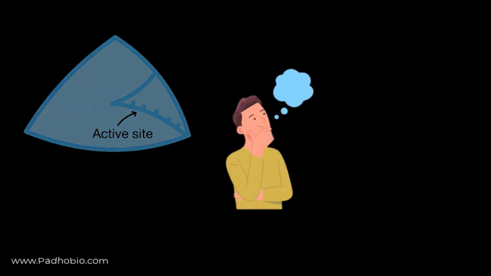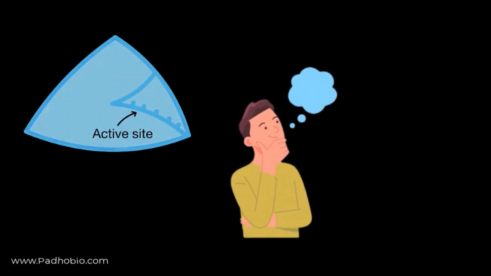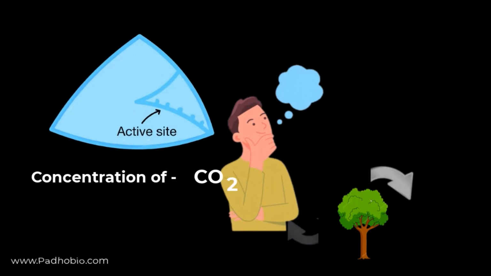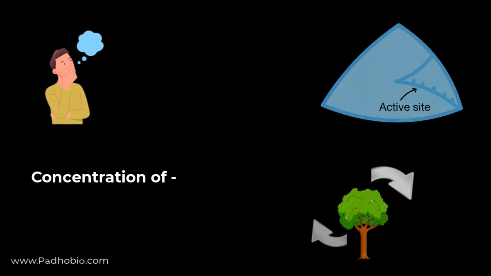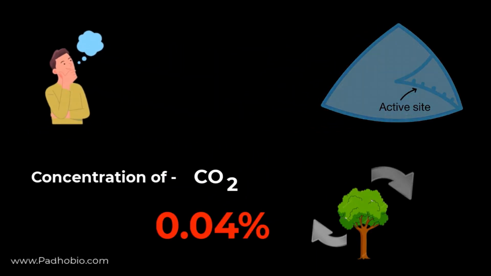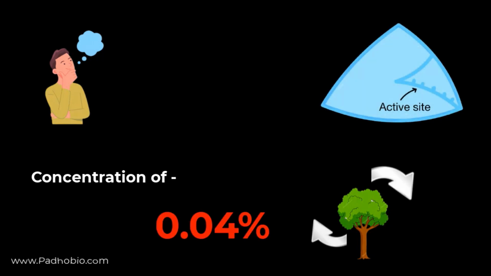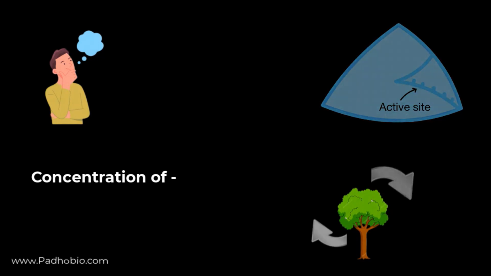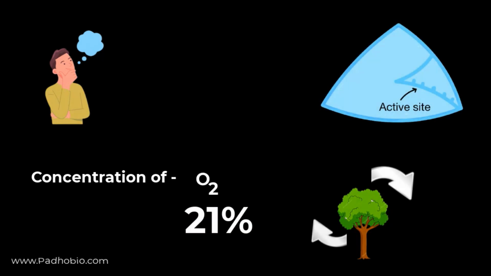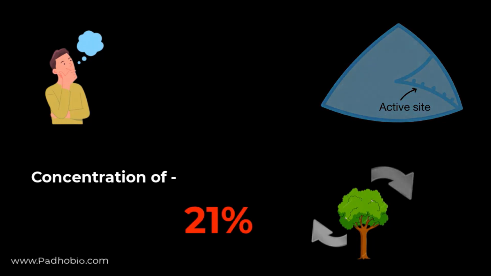You must be thinking, what are the conditions for these two activities to be performed? If the concentration of carbon dioxide is equal to or greater than 0.04% in the atmosphere, Rubisco uses carbon dioxide to add it to the substrate. But if oxygen is equal to or more than 21% of the atmosphere, it will start using oxygen molecules to add to its substrate.